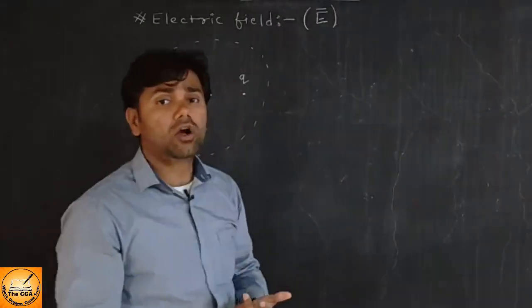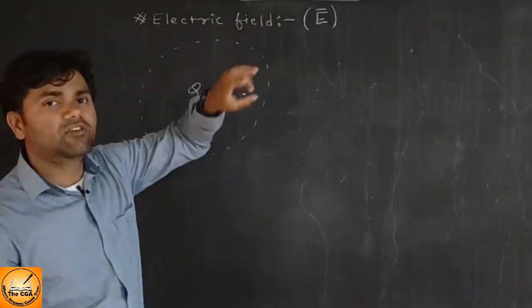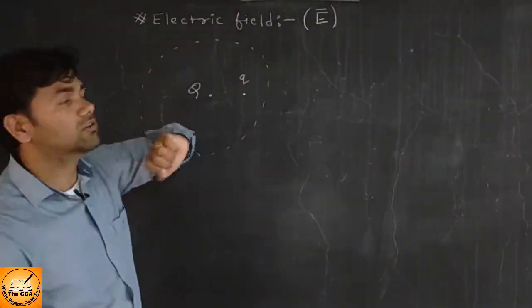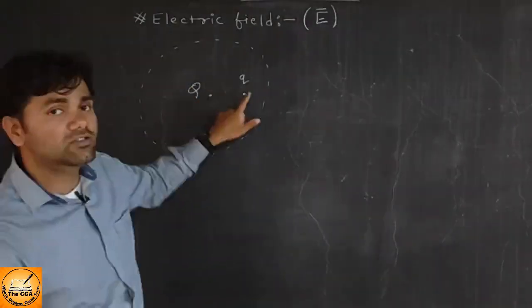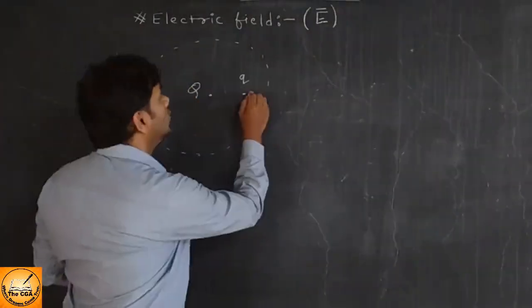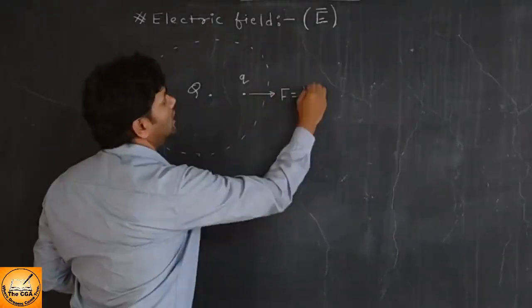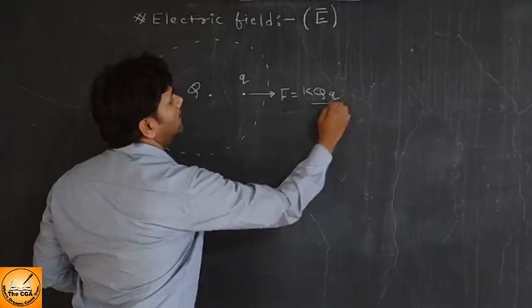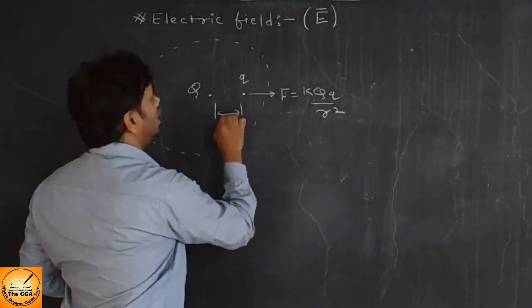Now let's talk about another way to define the electric field. If this Q charge is there and this small q charge is there, there will be a force of attraction or repulsion between them, and that will be equal to kQq divided by R square, where R is the distance between these two charges, right?